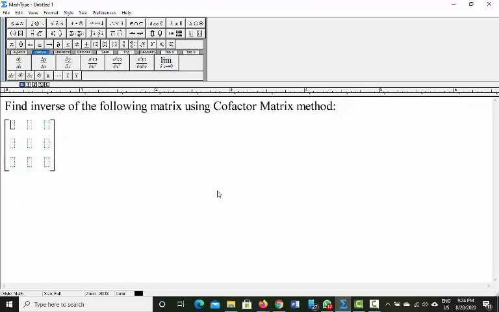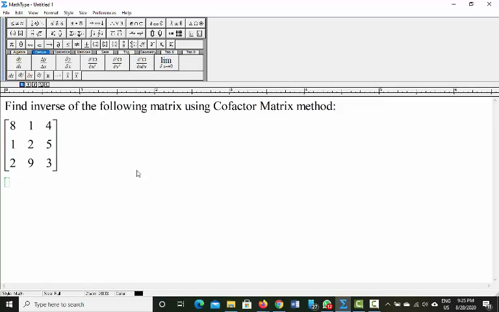So for example, this is the matrix that we have.